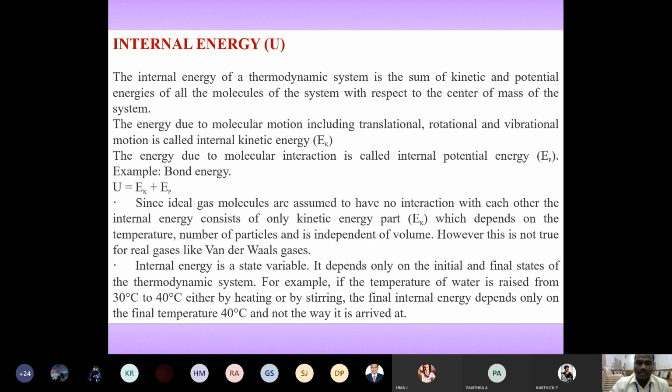So the internal energy at 30 degrees Celsius and the internal energy at 40 degrees Celsius won't be the same. So it can be calculated based on the temperature, not by the path traveled, right? So this is the term internal energy in thermodynamics. Internal energy will be based on kinetic energy as well as potential energy.